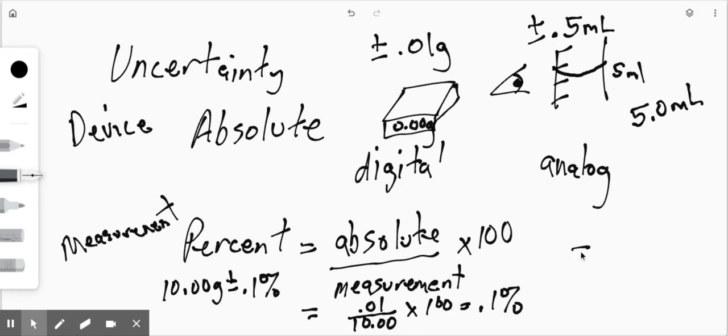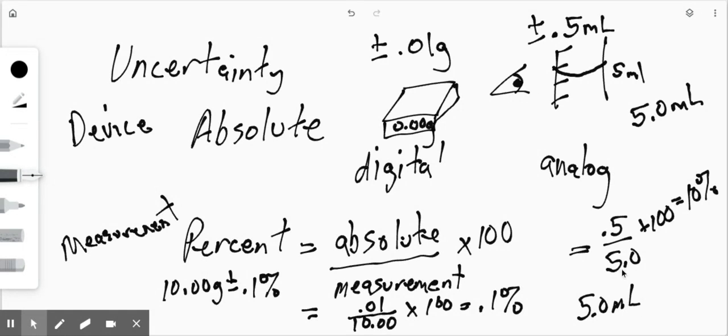So basically we use our formula here. It's the absolute uncertainty, which is plus or minus 0.5, divided by the measurement, which is 5.0, and we multiply that by 100, and we get 10%. So we would write that measurement as 5.0 milliliters plus or minus 10%.